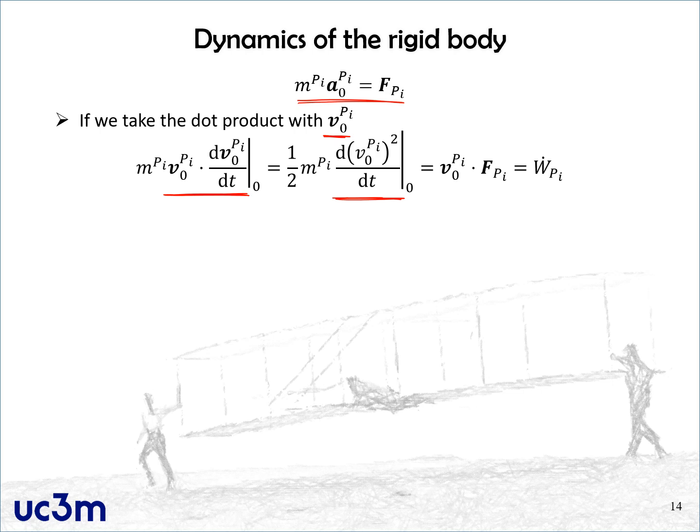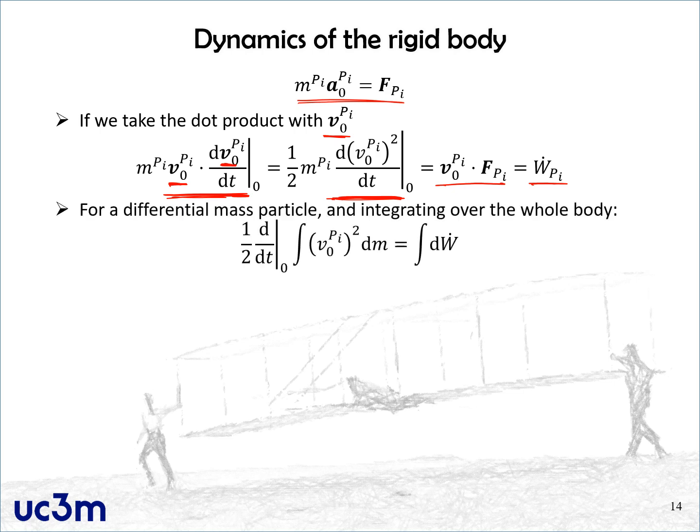Again, I leave this as a small exercise to you. Just write the velocity over here in terms of three arbitrary components and check that indeed you can gather this dot product inside of the derivative like this. Okay. On the right-hand side, what we have is the dot product of the force with the velocity, and that is by definition the power of the force.